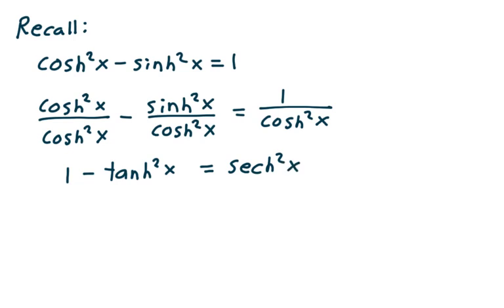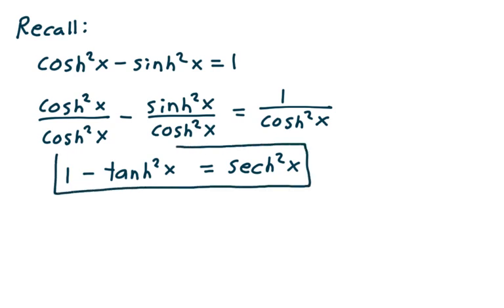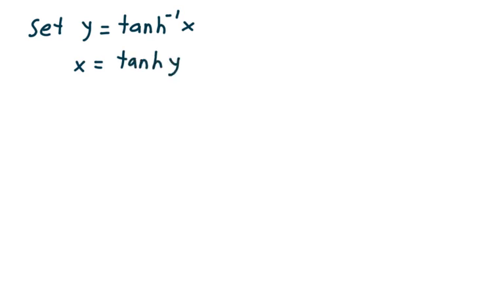So we're going to need this shortly. What I'm going to do now is set y equal to the inverse hyperbolic tangent of x. Solving for x, we get x equals hyperbolic tangent of y.